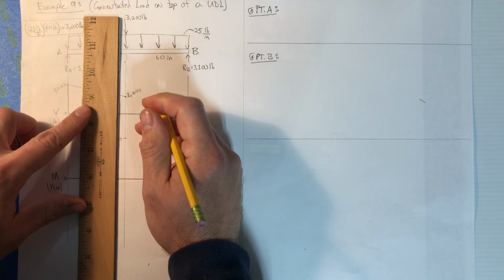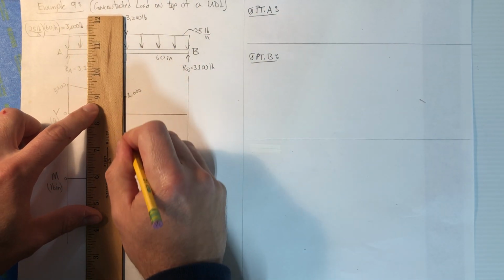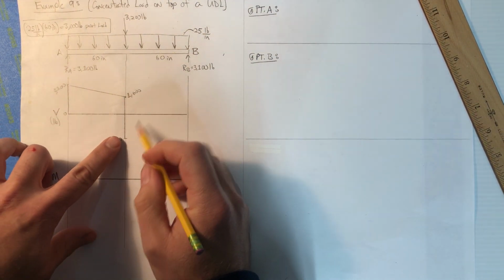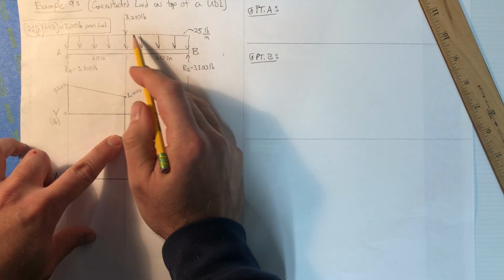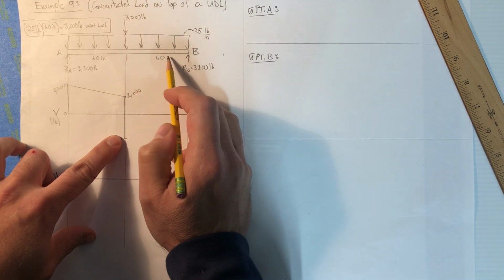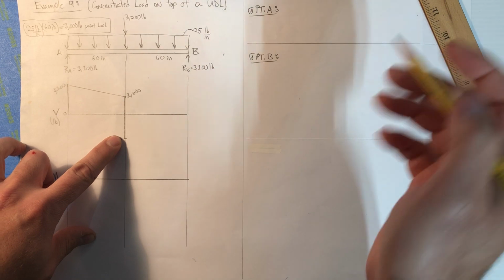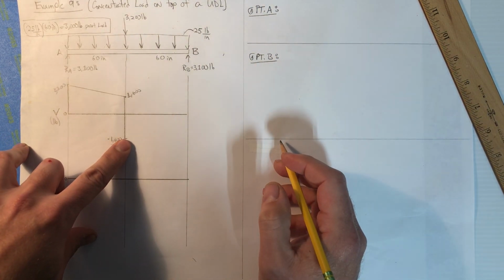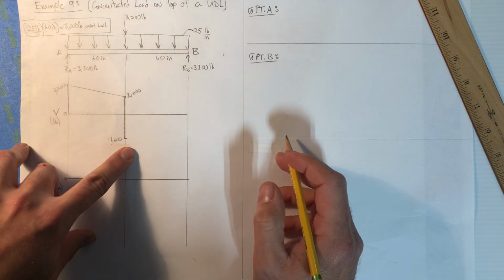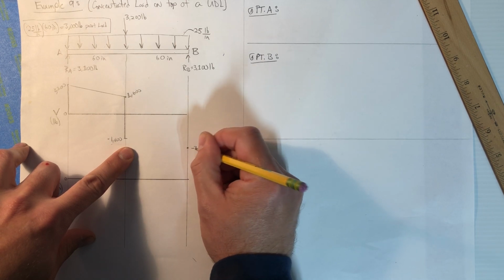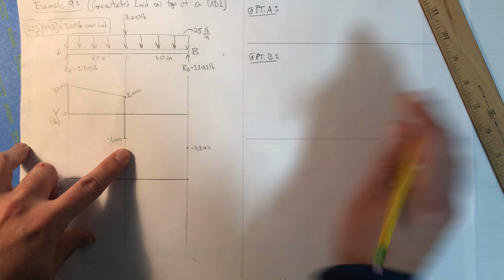So then we're going to go straight down that amount, right? And then once we're there, we're going to continue down with the rest of the UDL, the 25 pounds per inch over the remaining 60 inches. And that is half of it, which is 1,500 pounds. So 1,600 minus 1,500 takes us down to negative 3,100.